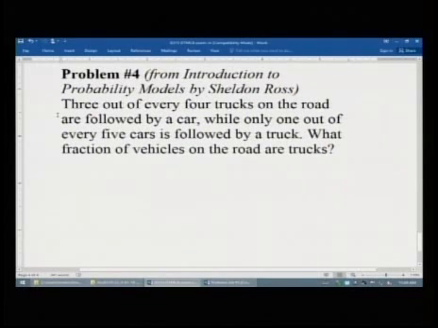Then we want to know what fraction of vehicles on the road are trucks. Of course, first step is to define the state of system, and then based on that, we need to build up our Markov chain model, right? And then, what are you going to do? We're going to determine steady-state probabilities distributions. After that, we should be able to answer for this question. Okay?